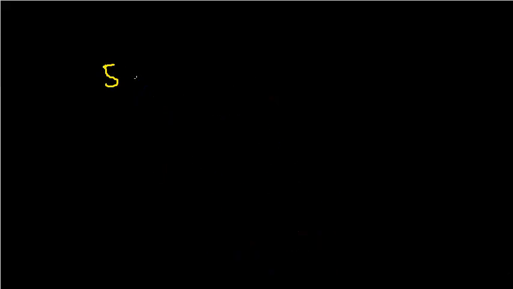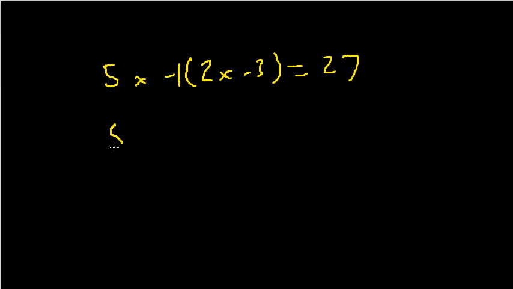Let's do 5x minus (2x minus 3), and that will equal 27. Now here we're going to distribute this negative sign in front of the parentheses. We can basically treat that like a negative 1 being multiplied into the parentheses. Our 5x stays out front, and we have a negative 2x plus 3 is equal to 27.